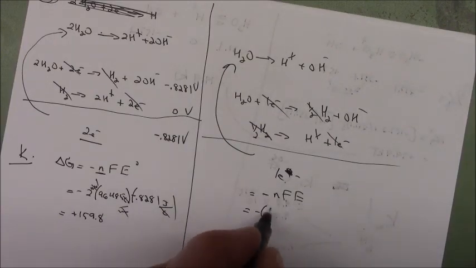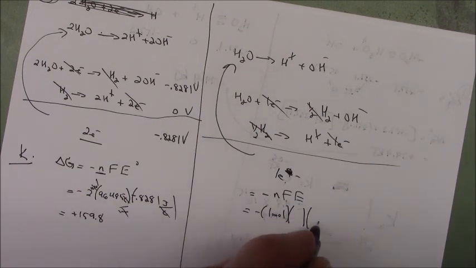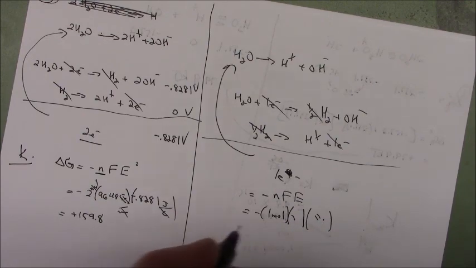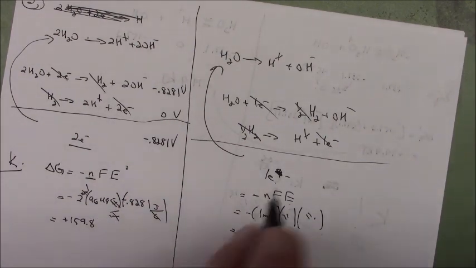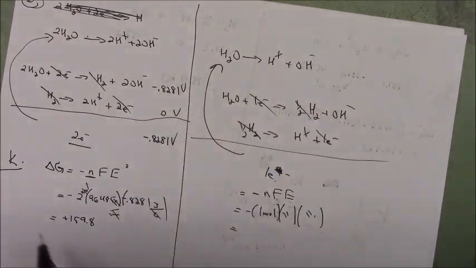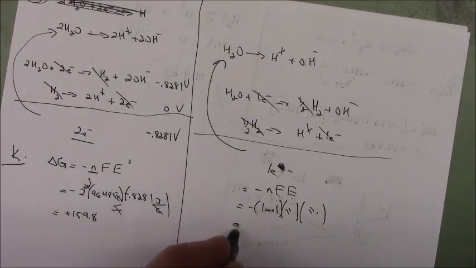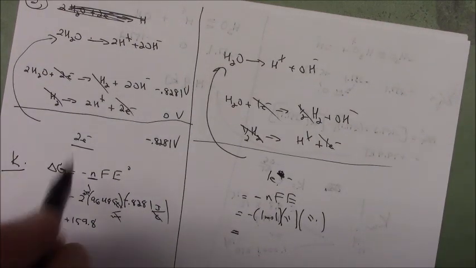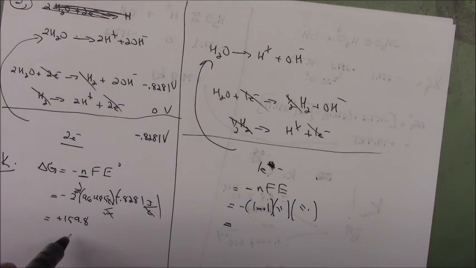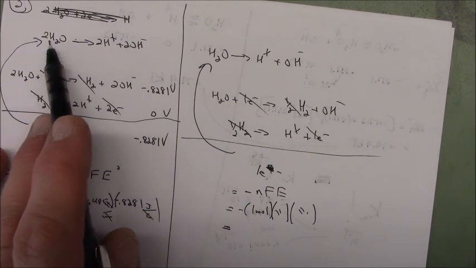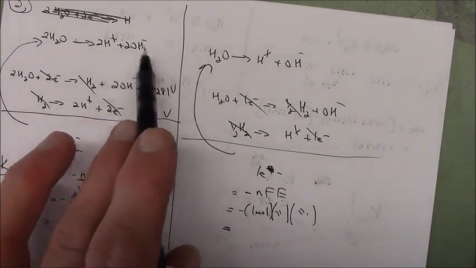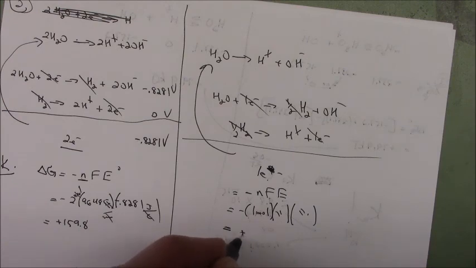This one only has one electron transfer, so negative NFE, one electron, so you get 1 mole for this one, so it should be half this number, F times the same E. So this side, balanced this way, has to be half the delta G by default. So this will be plus 79.9-ish.